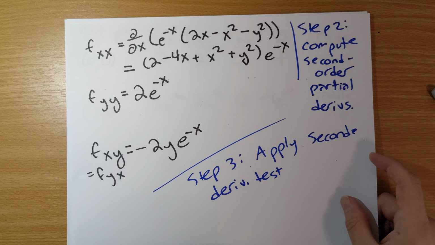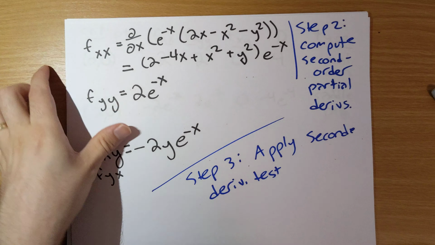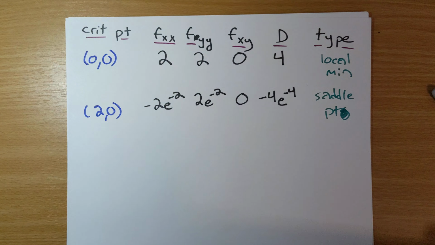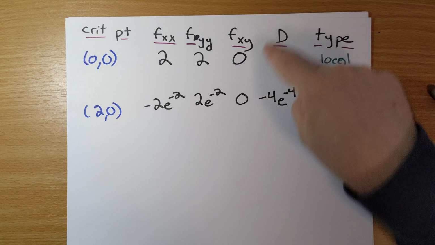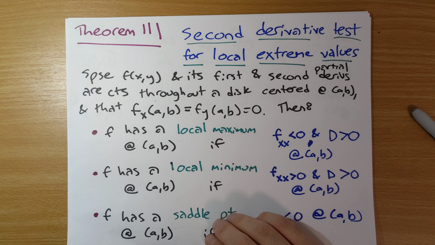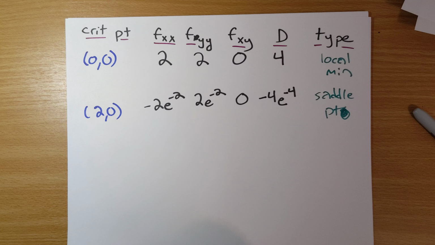We calculate out the second order partial derivatives, and then using this chart here, we were able to apply the second derivative test. We had to look at the information and compare it with this theorem here to do this classification. So this is the general outline for how you solve this kind of problem from section 14.7.